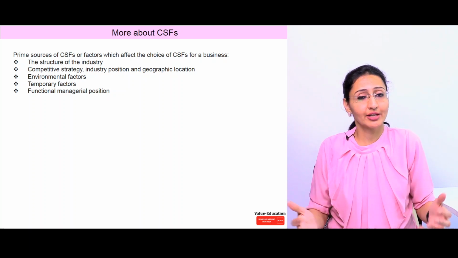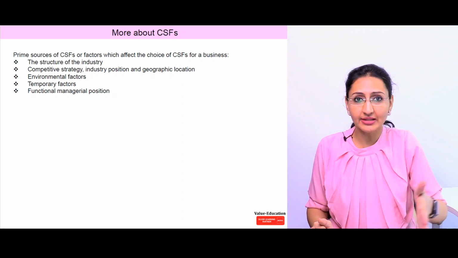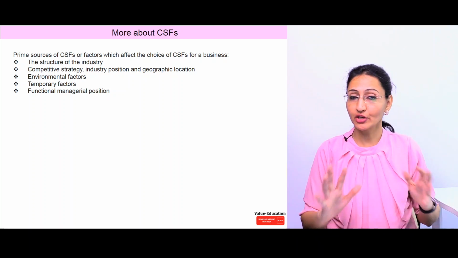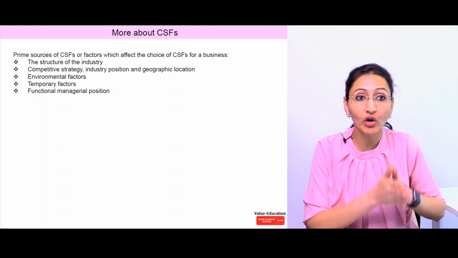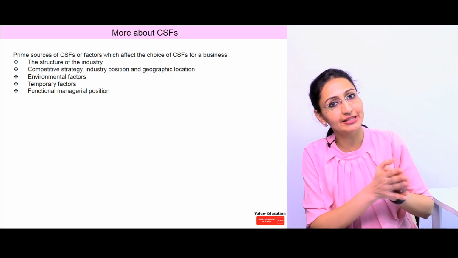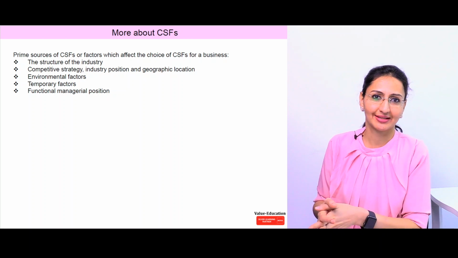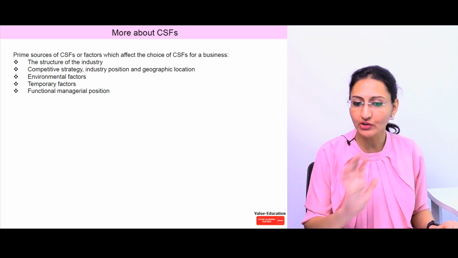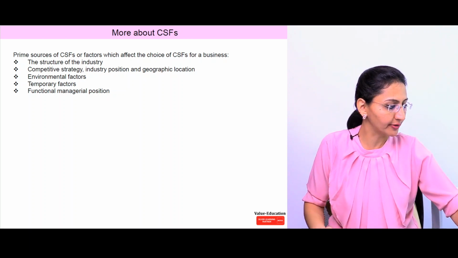As you have seen, critical success factors differ by type of industry. That means the structure of the industry also decides or defines what a critical success factor has to be for a business. Then let's go to point number 2, competitive strategy, industry position and geographic location.